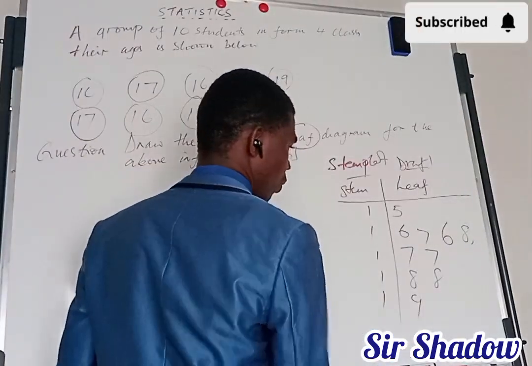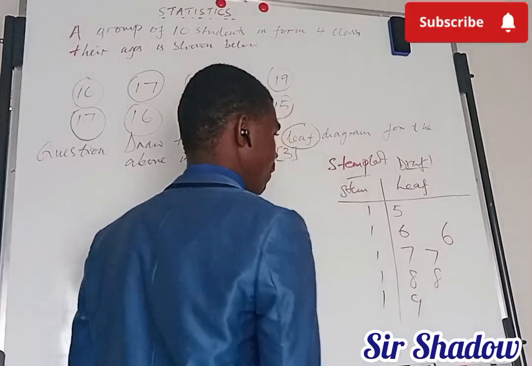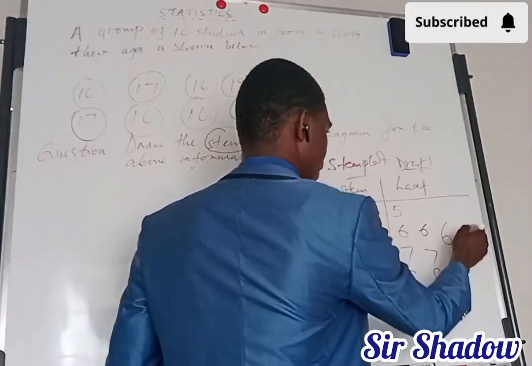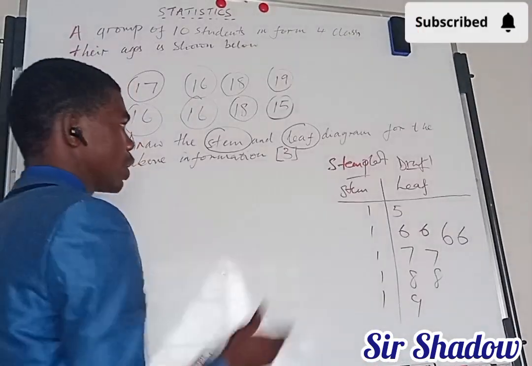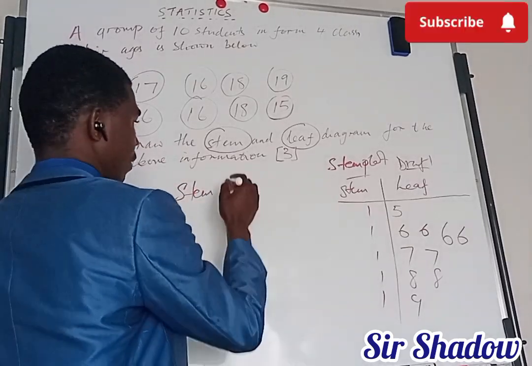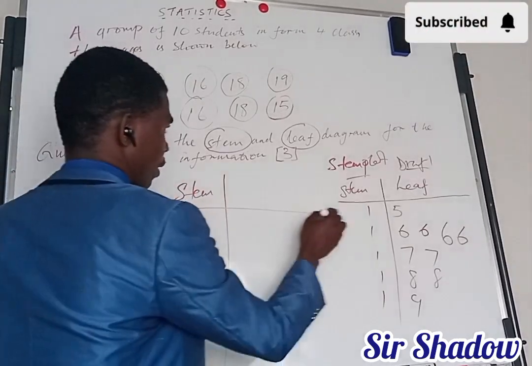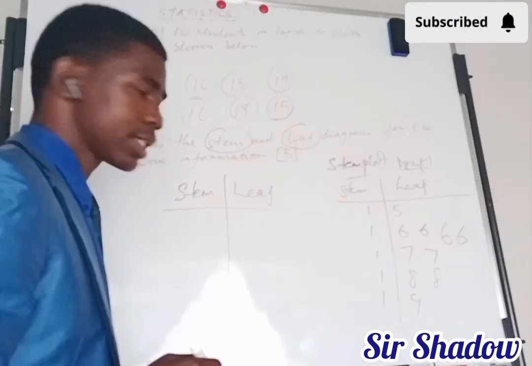We have 6 here, 6 here. So for the final solution, I'll just say stem, then leaf. Stem and leaf.